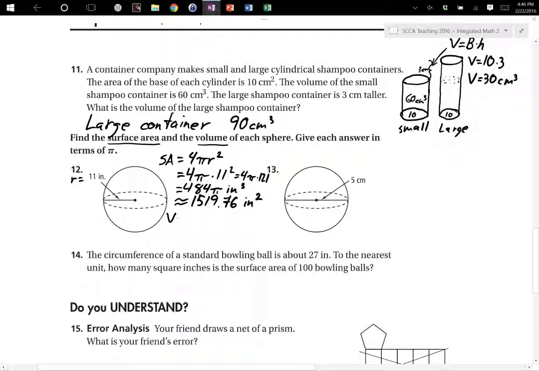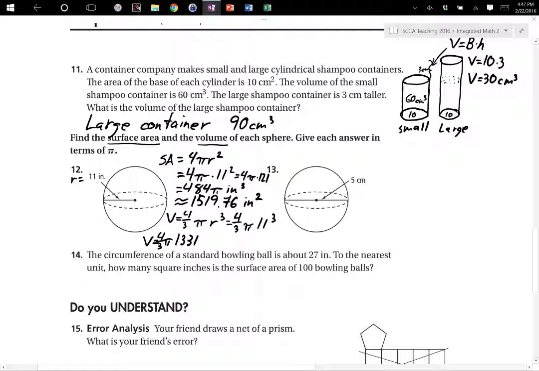Okay, now our volume. Our volume is 4/3 pi r cubed. And our r is still 11. So I'm going to have 4/3 pi times 11 cubed. We've already substituted 11 for r. So I get 1,331.